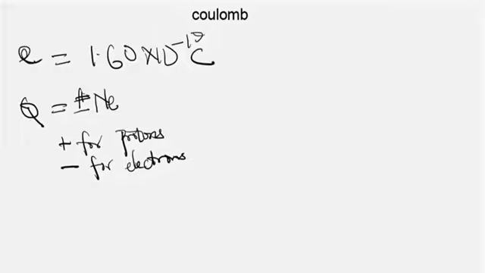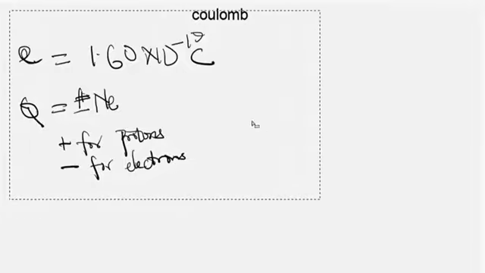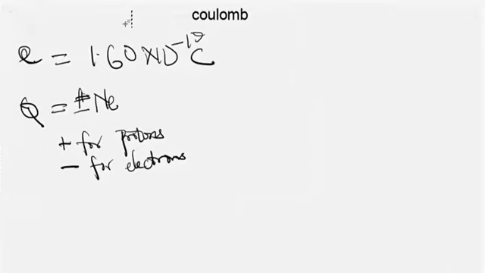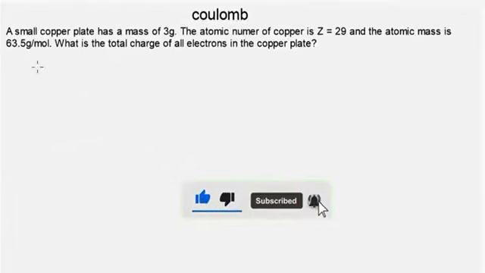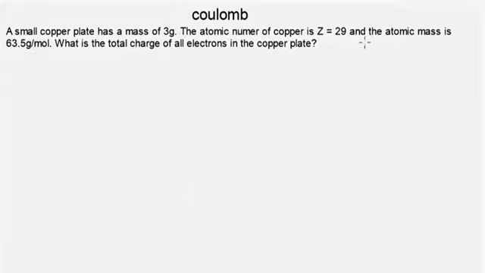Alright, so let's get down to some exercises. We have here a small copper plate that has a mass of 3 grams. The atomic number of copper is Z equals 29 and the atomic mass is 63.5 gram per mole.